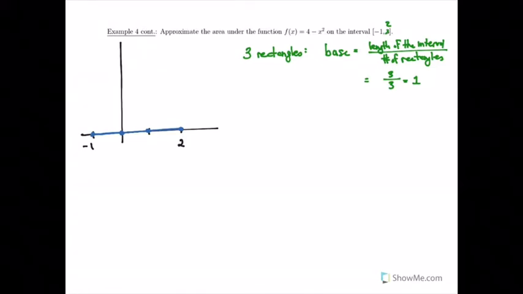Okay, what's going to change is the height of those rectangles. Draw our function again real quick just to sketch it. Okay, we know that the rectangle is going to depend on the function value at some point. Let's just take a look at that first rectangle here, from -1 to 0. For that rectangle, I need to determine a height.